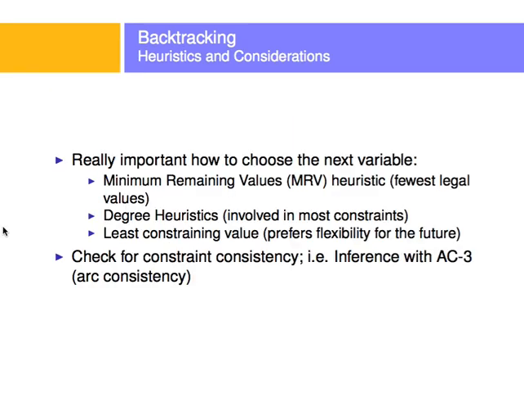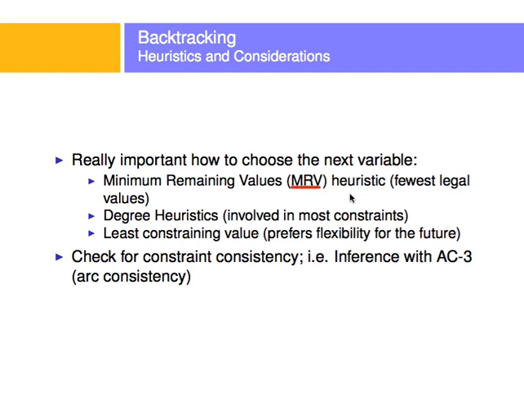So, as I just illustrated, it's really important to know how to choose the next variable that you're going to test. One way of looking at this is to choose what's going to become the minimum remaining value, or MRV.